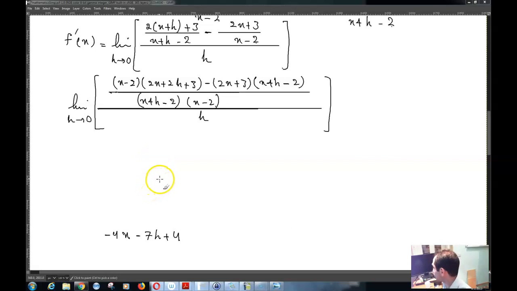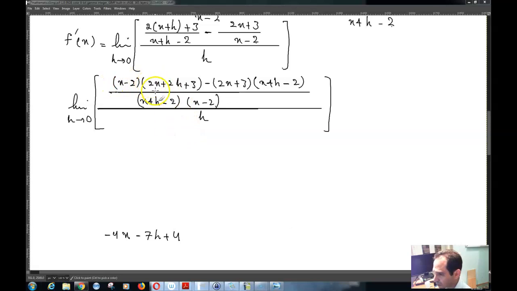Somehow all of this, x plus h minus 2, x minus 2, h, and all of this will cancel out to give you a negative 7 only in the denominator. Let me do this part again because I might have made a mistake over here.